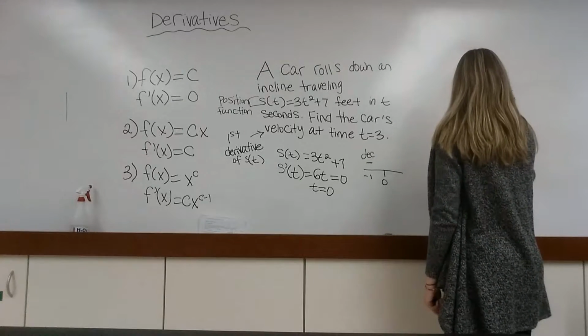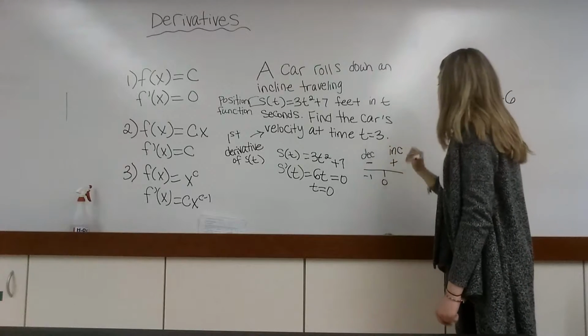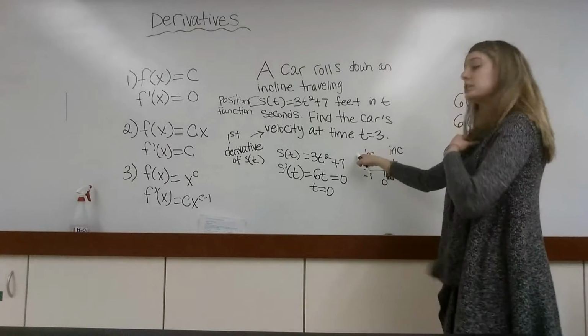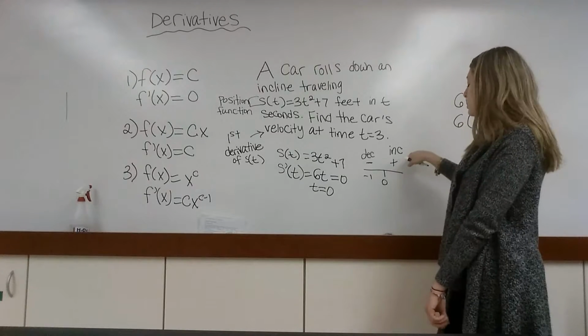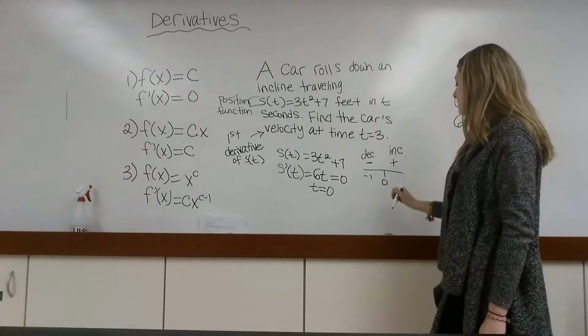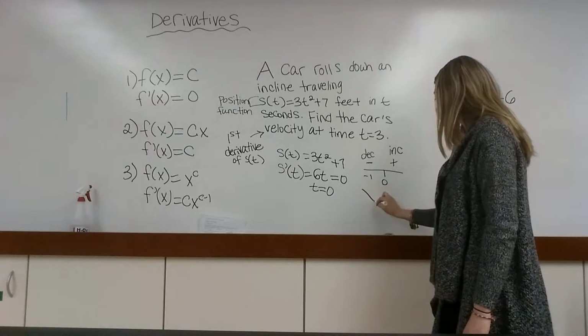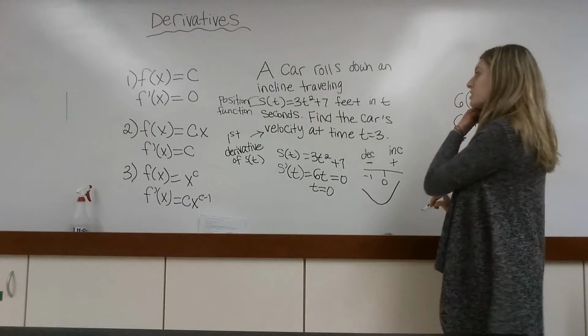Well, 6 times 1 equals +6, so I'm going to put a plus sign, and that is increasing. So if it's a negative number when you plug it into the derivative, it's decreasing, and if you have a positive number, it's increasing. So what this is saying is our function is decreasing until 0, and then starts to increase again like that.